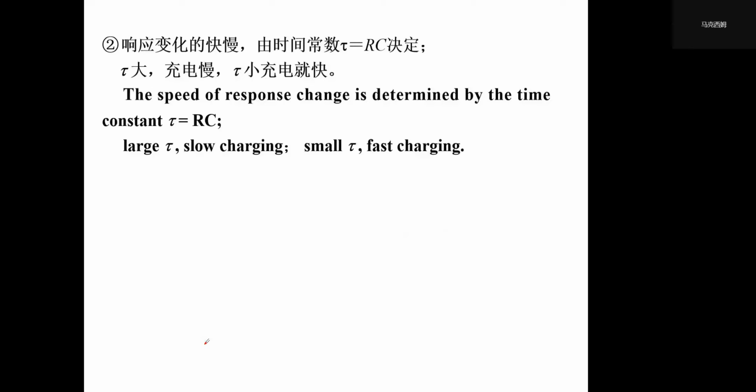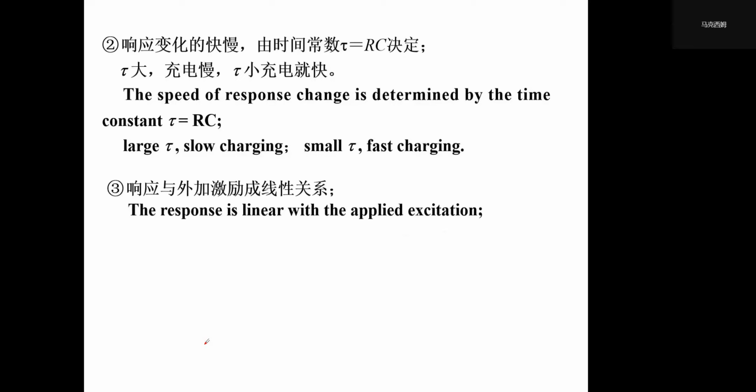One, in the RC circuit, tau is the product of R and C, and in the inductor circuit it is L over R. So we see that the larger tau you have, the slower the charging process will be, and the smaller tau you have, the more rapid the charging is.